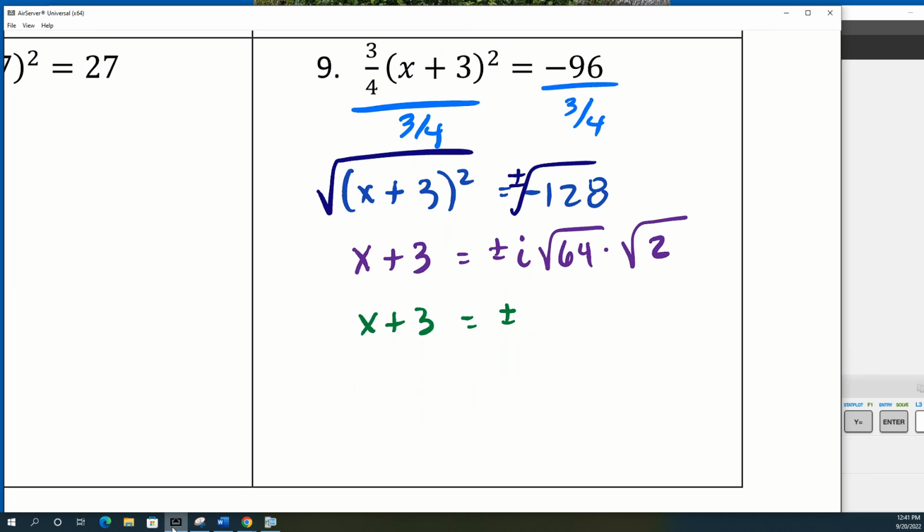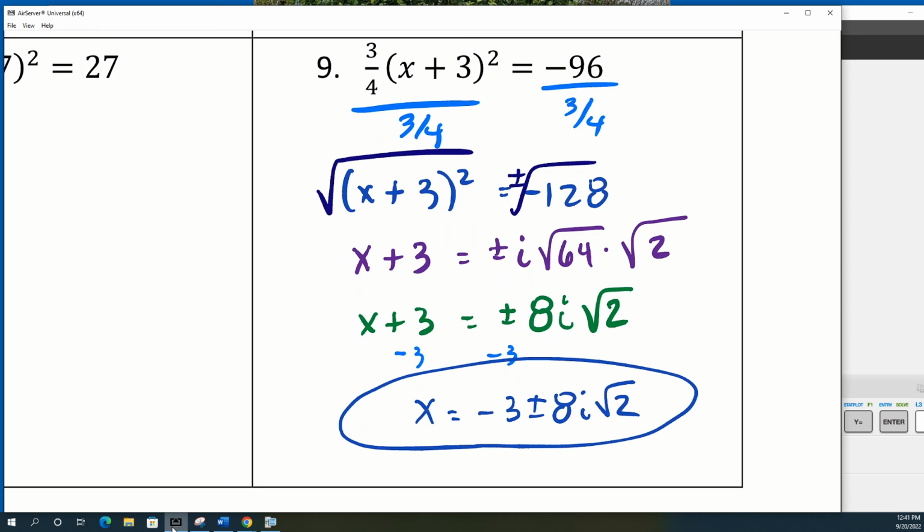We're going to find our square root of 64, which is 8, and we'll write it in front of the i, and the square root of 2 after the i. And then last step, we'll subtract that 3.